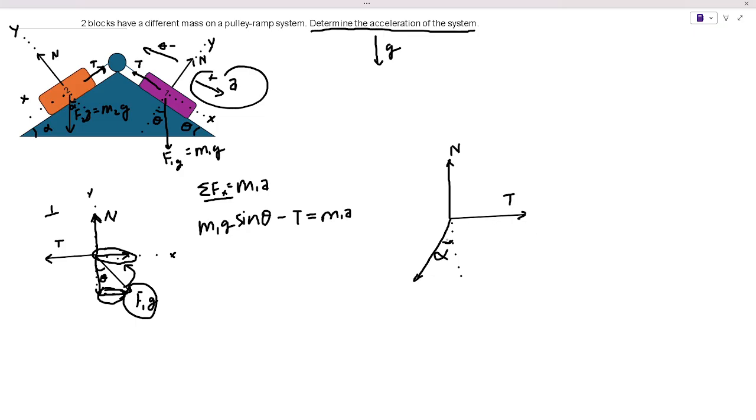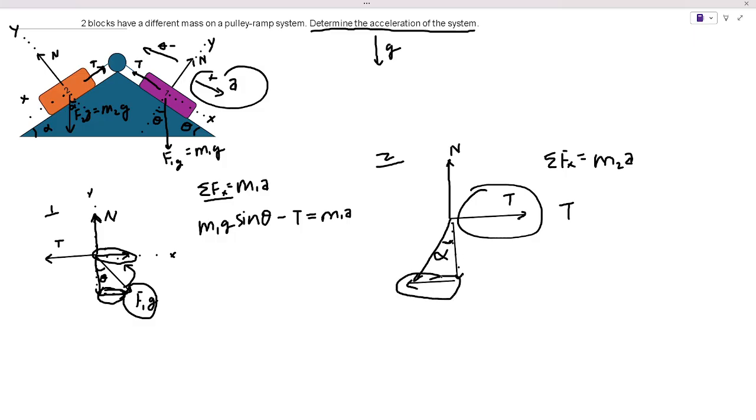Okay, cool. So once again, sum of forces in the x direction for this specific diagram. I forgot to say 2, but this is for block 2, m2a. Once again, this a is the same as this a because they're attached. So let's go ahead and see. Rightward positive, this tension positive. So T minus, if we draw out this one right here, this is actually just two vectors added together.